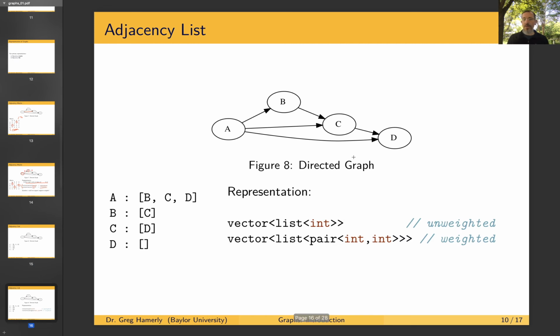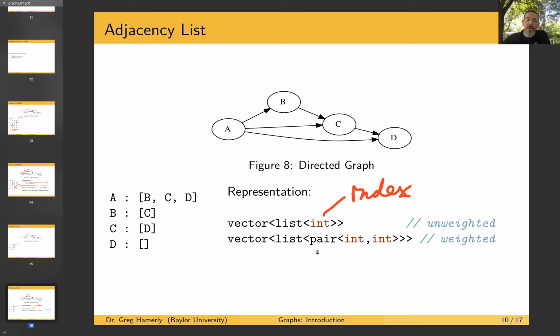So here's a way we could represent this in C++. We could have a vector of lists of integers, where this integer is the index of the destination node, because we are not using letters A, B, C, D, we're actually using integers to represent those vertex indexes. Now, that's for an unweighted graph.